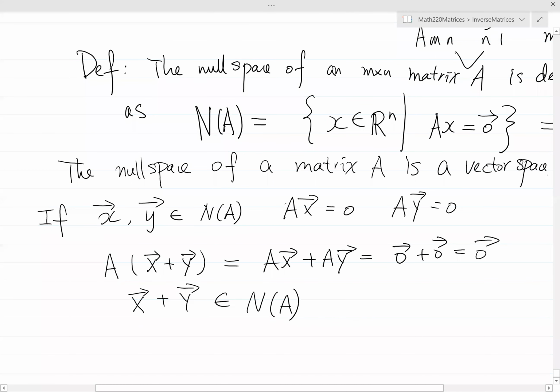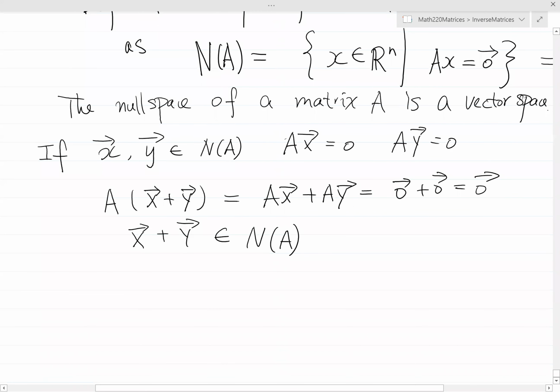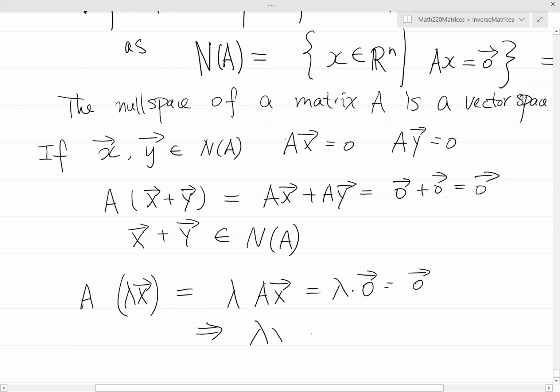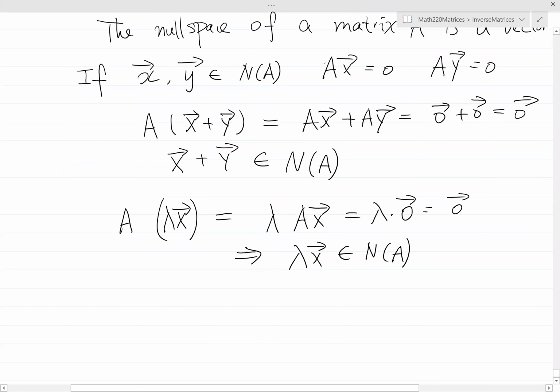For scalar multiplication, lambda x, we apply A and by linearity factor out lambda, giving lambda Ax, which is lambda times the zero vector, again the zero vector. So lambda x is in the null space of A. The other properties of a vector space, 1 to 8, can easily be checked. So we assume that this is a vector space.